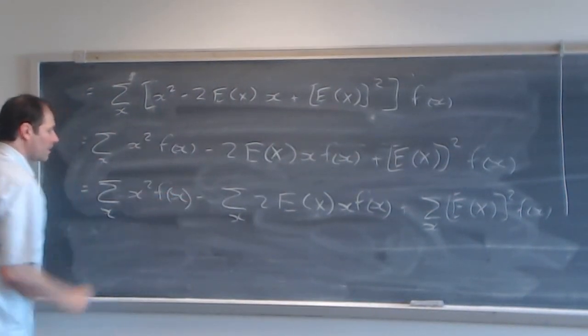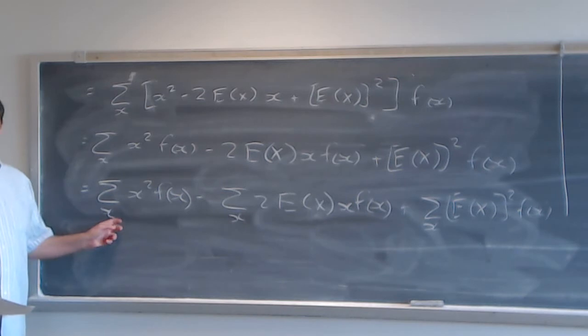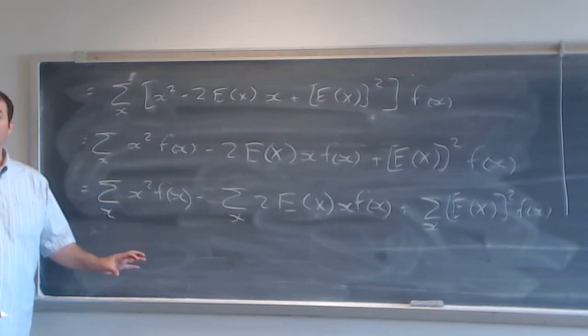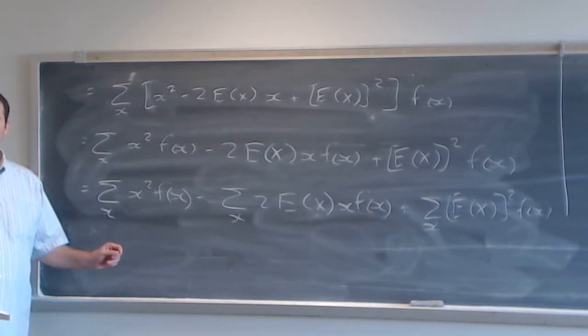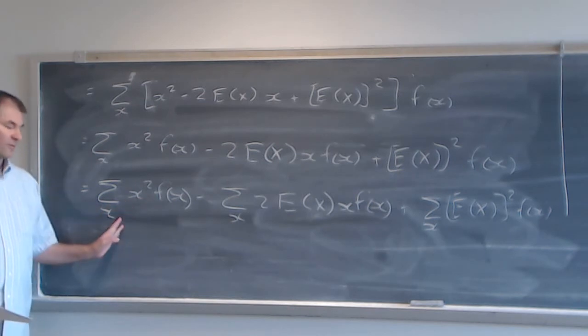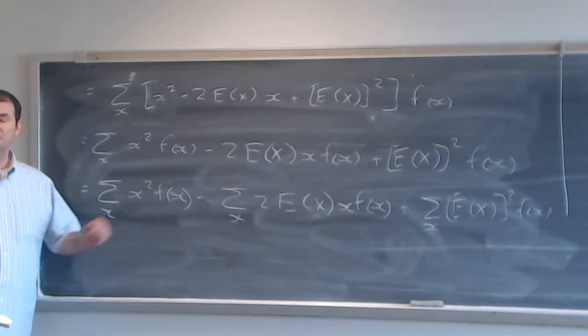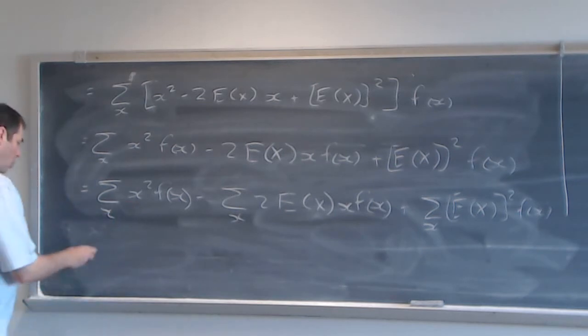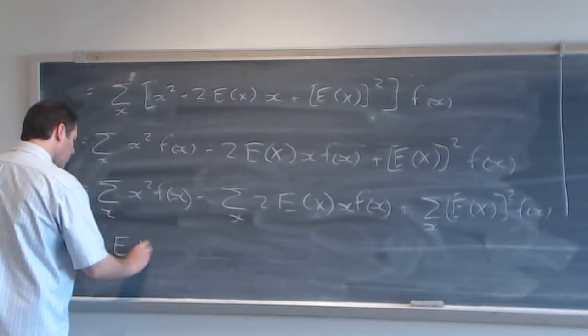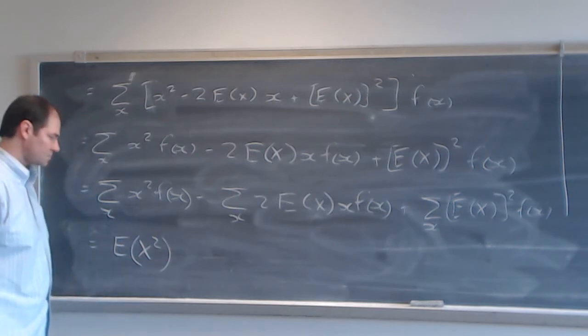Now, using the definition of the expected value of g of X, which for a discrete random variable is the sum over all the x values of g of x times f of x, this first sum is nothing more than the expected value of X squared.